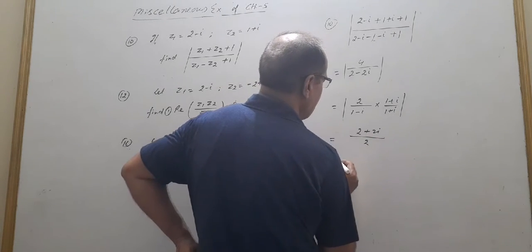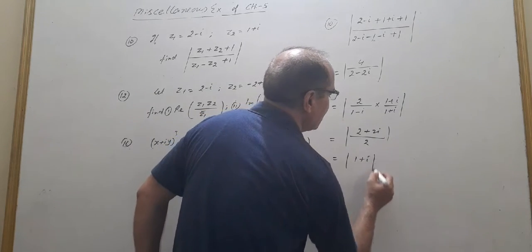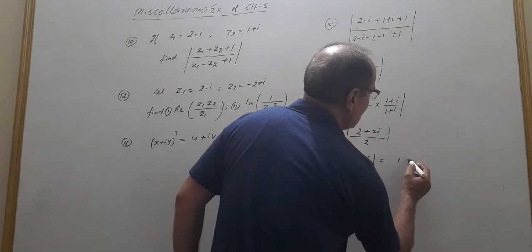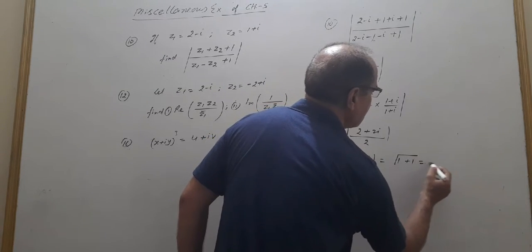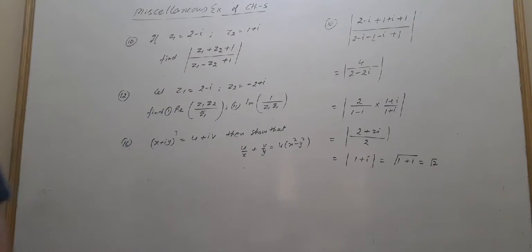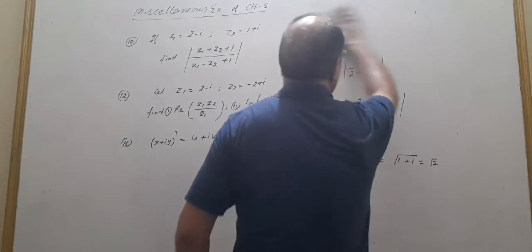This becomes 2. Again, taking 2 common, we are left with 1 plus iota, and what is the mod of this complex number? That is 1 square plus 1 square, which equals root 2. I already told you how to find the mod of a complex number: the real part square plus the imaginary part square.